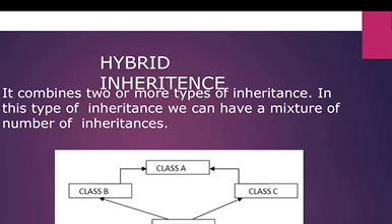If we derive a subclass from a protected base class, then both public and protected members of the base class will become protected in the derived class. And the next one is the private mode.